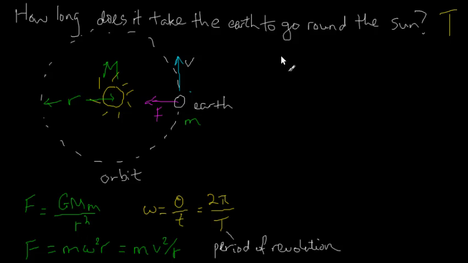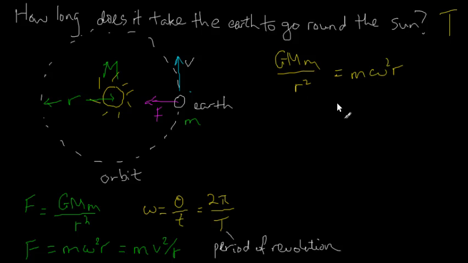Okay, so I can say that the gravitational force gives the centripetal force. Right, it's the only force around, and so it must give the whole of the centripetal force. So here we are. We have this equation now.